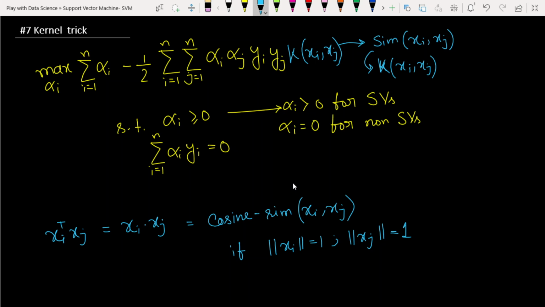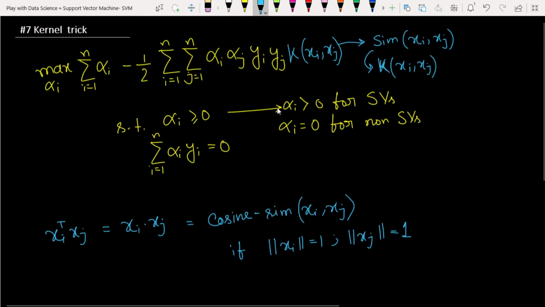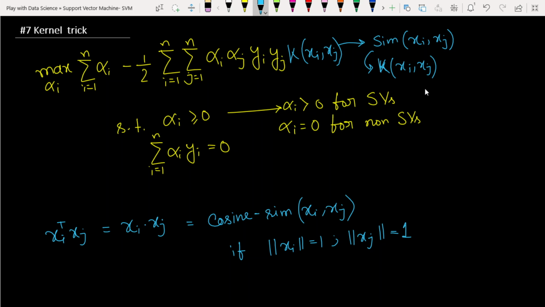Now going to the kernel type, I am comparing these side by side.